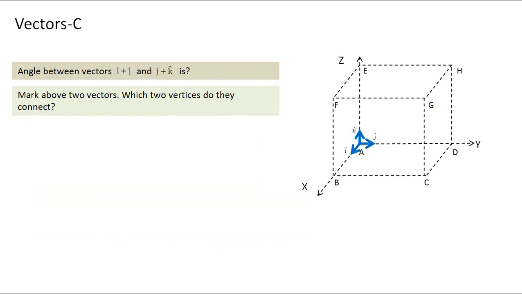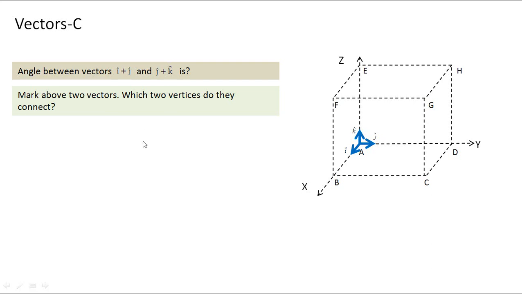So can we mark these two vectors on this figure here? So what we have drawn in this figure is a cube. Let's take the side of the cube equal to 1. So though it is not drawn in that fashion, each one represents side length and side is 1 unit. So this vector connects which two vertices of the cube, i cap plus j cap?